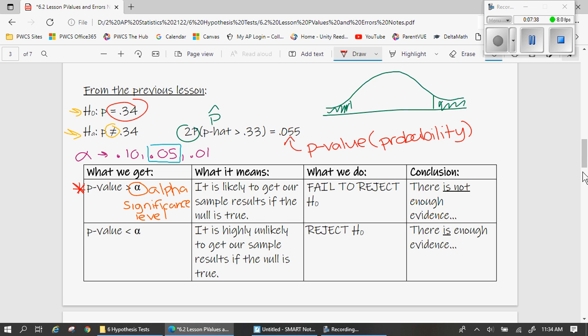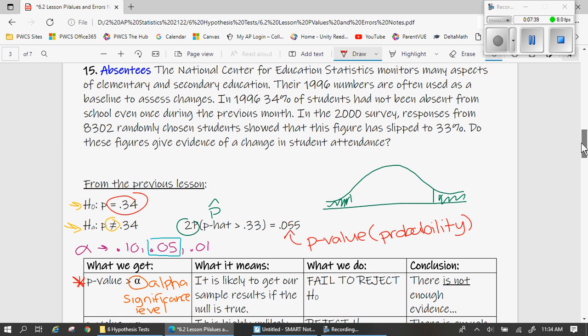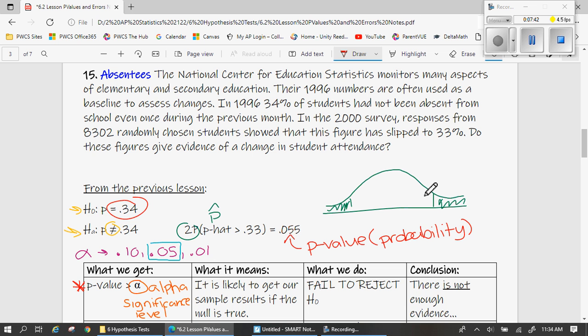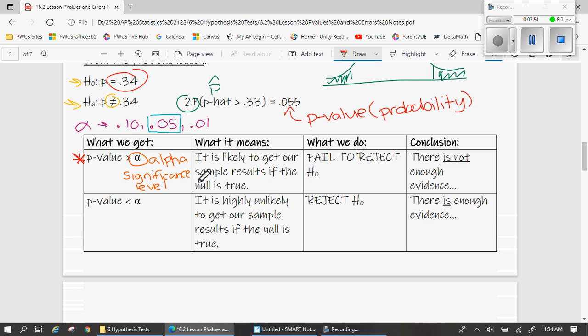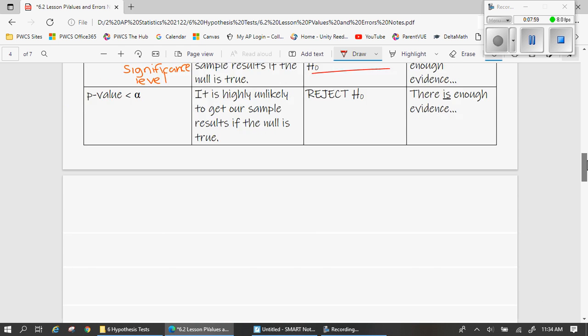So in this problem, where we have a sample of student responses for saying that they weren't absent, we wanted to know if there is evidence of a change, and our p-value was greater than our significance level. We failed to reject the null hypothesis. So we will say there is not enough evidence. So let me write that up.